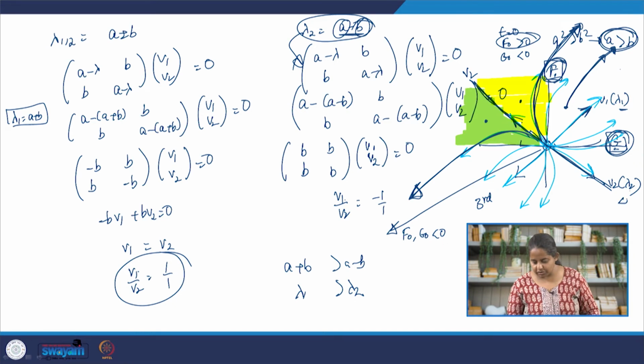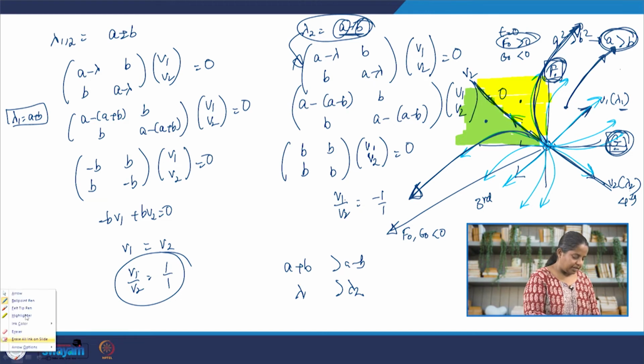Now let's come to the fourth quadrant. Much like the second quadrant, in the fourth quadrant the eventual fate of the relationship between F and G is going to depend upon where the initial point is located relative to the eigenvector V2.